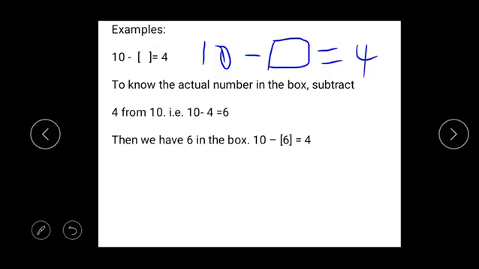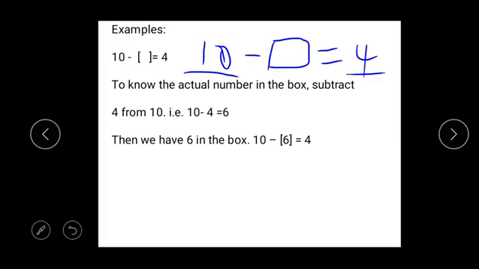To know the actual number in the box, you have to subtract 4 from 10. That means you have to subtract the small number from the big number. So you have to count the big number first, then you subtract the small number from it.